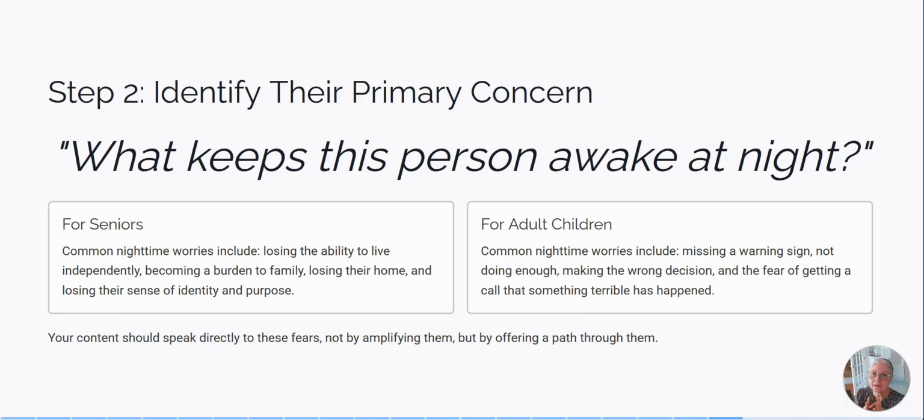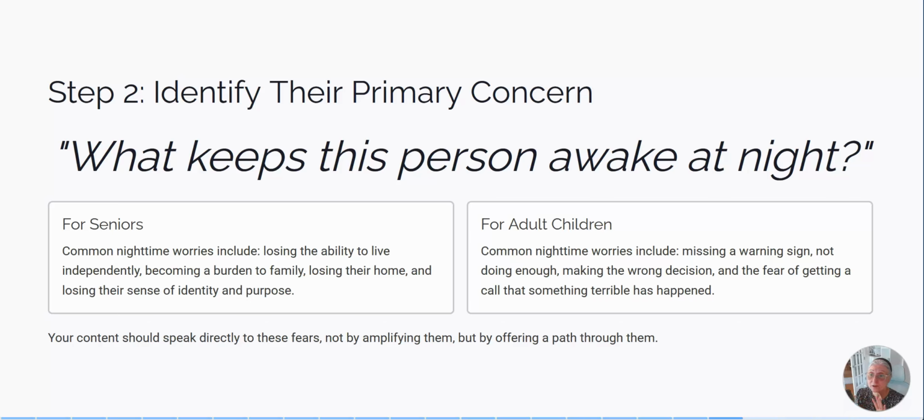You want to identify the primary concern. What keeps this person awake at night? Common worries for seniors are losing their ability to live independently, becoming a burden, losing their home, losing their sense of identity and purpose. I know all of those are exactly the issue that my elderly neighbor down the street is having.